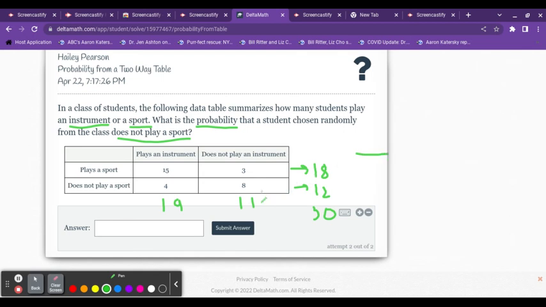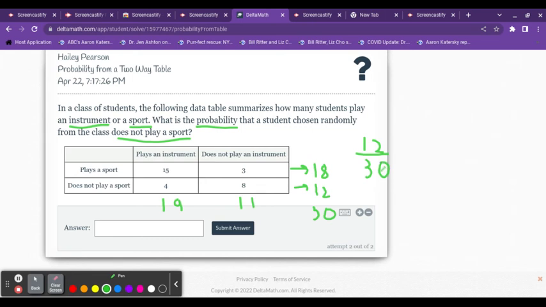The total number of students who do not play a sport, if we do 4 plus 8, that gets you to 12. And 12 is our numerator. As far as our denominator is concerned, that is the total number of students in the class. And we figured out that our total is 30. So our probability is 12 over 30.